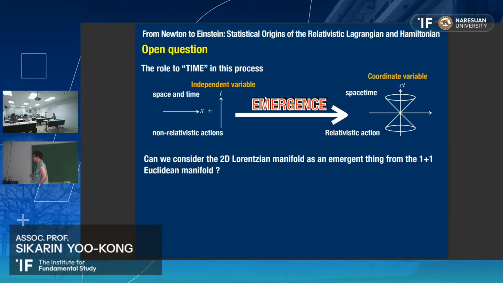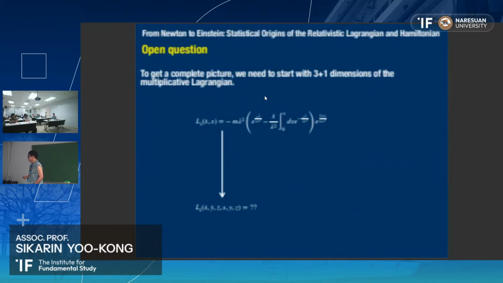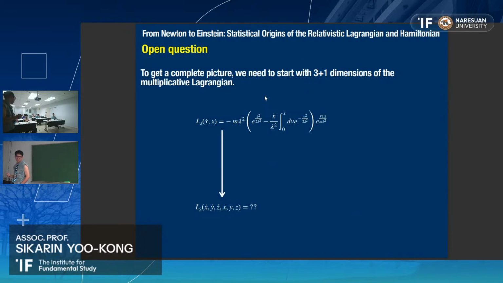And the next one, can we consider a 2D Lorentzian manifold as an emergent thing from a 1 plus 1 Euclidean manifold? We don't know. It might be, yeah. And so, in order to get a more complete picture, we need, of course, 3 plus 1, right? 3 space and 1 time.